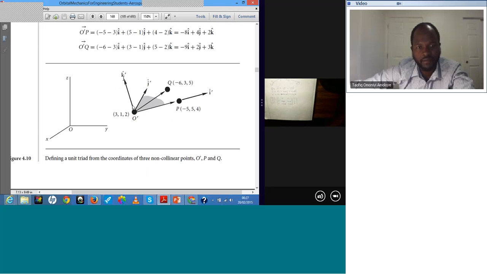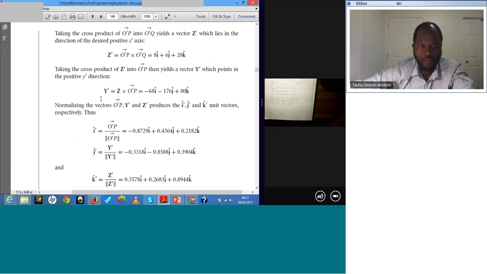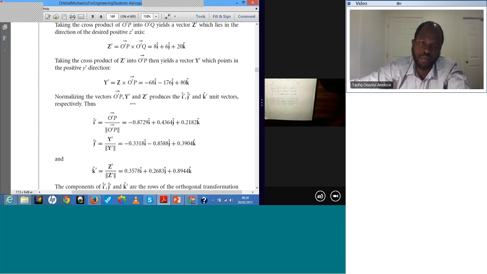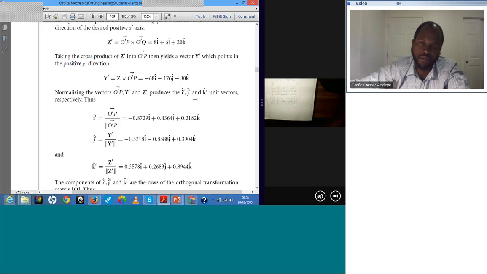That is, if Z prime is a vector here, and we take the cross product of Z prime and then OP, obviously we have a vector in the direction of J prime. So Y prime, the vector in the direction of J prime, is equal to the cross product of Z and OP, and it's given by that. If we normalize the vectors OP, Y, and Z, we can get the unit vectors in their directions, I prime, J prime, and K prime.